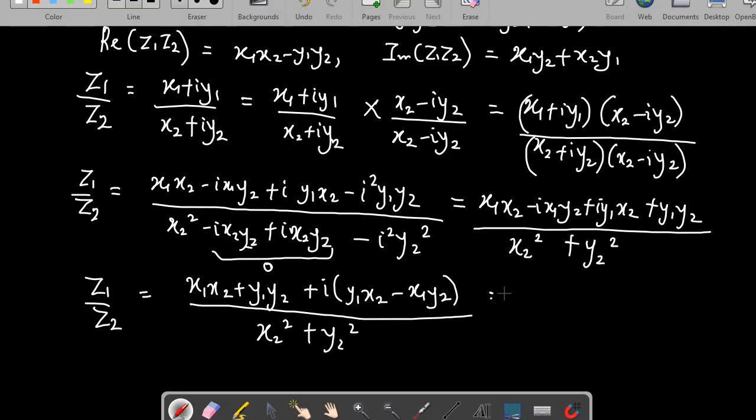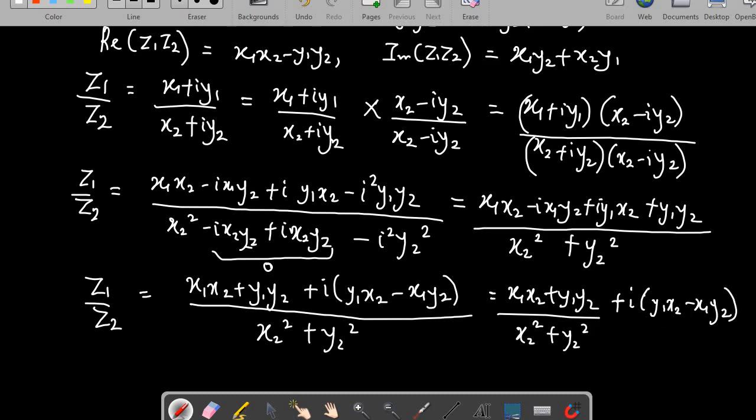Now I can break this fraction such that I have x1 x2 plus y1 y2, okay, over the denominator. I'm doing this so that I can evidently show you that whatever complex number you are given, you can always break it down to the real part and the imaginary part. So you evidently see the real part and the imaginary part. Okay, that's why I'm doing this.